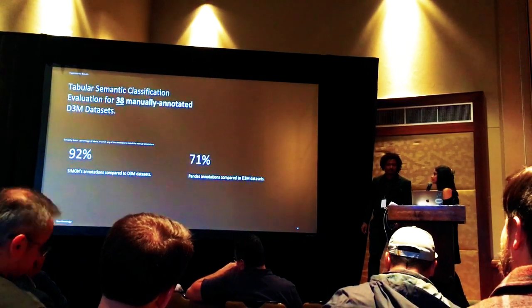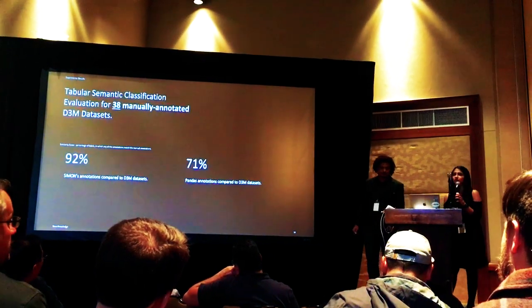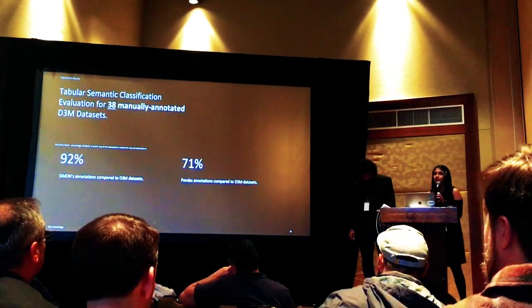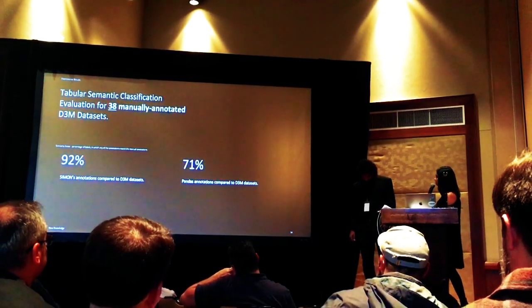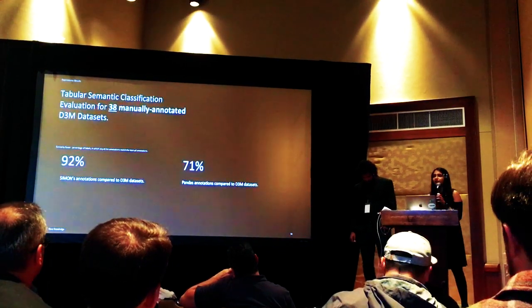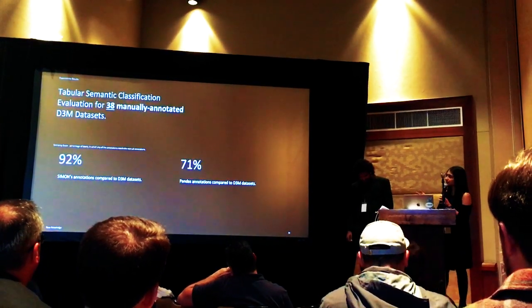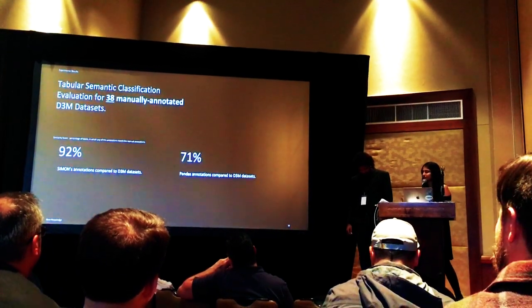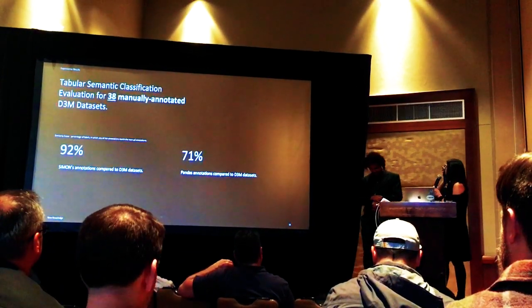So then we wanted to see how this compares to current popular tools for classification. So we used pandas dtypes, and we got a similarity score of 71%. And you can see that Simon's annotations match the manual annotations a lot more closely.